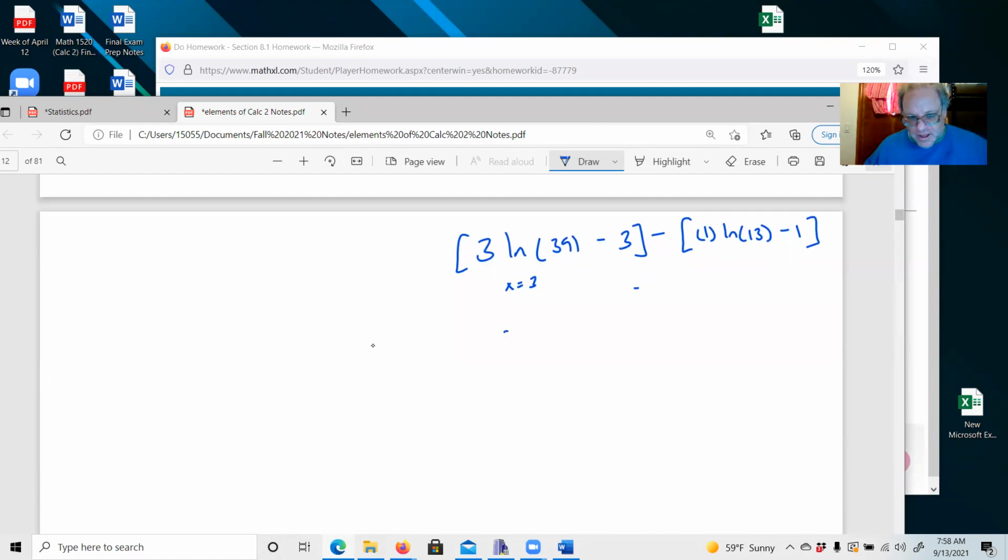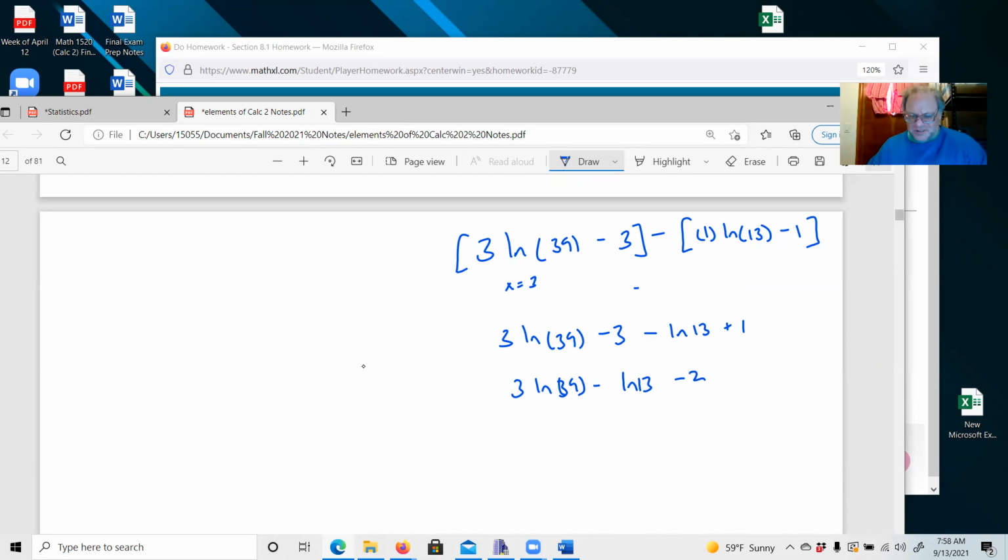We have 3 ln 39 minus 3 minus ln 13, and then minus a negative is plus 1, right? Okay, so what do we have here? We have 3 ln 39 minus natural log of 13, minus 3 plus 1, that's going to be minus 2.